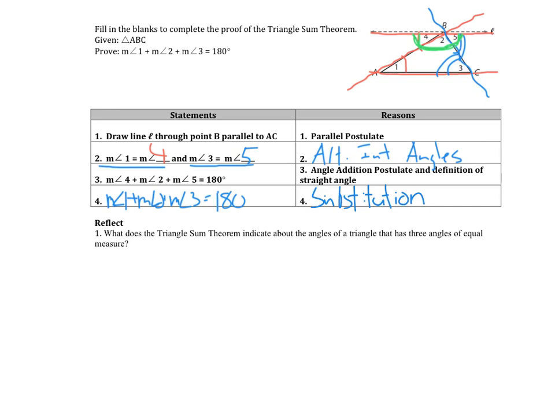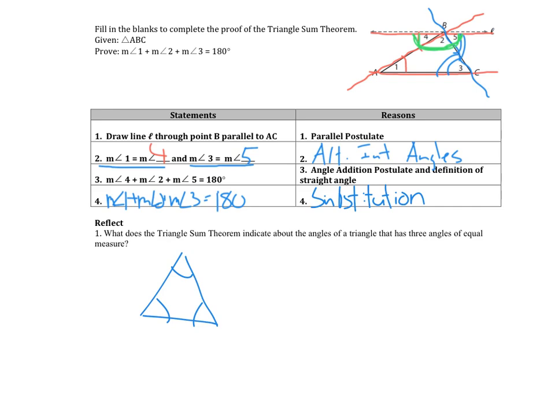All right, so to reflect, I want you to discuss this in your groups, and I'll call in someone to share out. What does the triangle sum theorem indicate about the angles of a triangle that has 3 angles of equal measure? So if I have 3 angles, and they're all the same, what does the triangle sum theorem state about that? All 3 of them have to equal 180, because that's what the triangle sum theorem tells us.